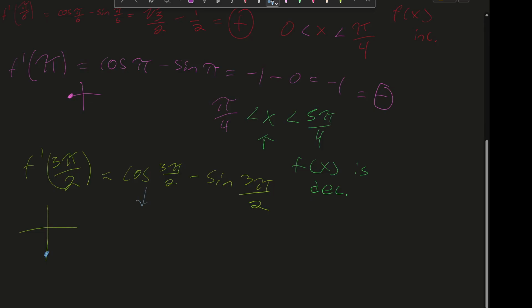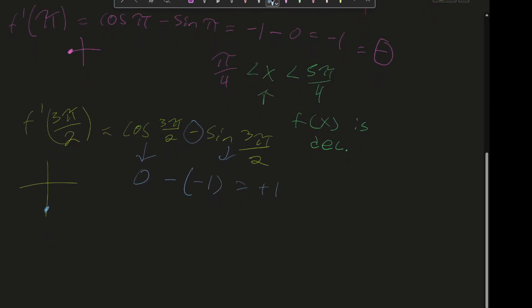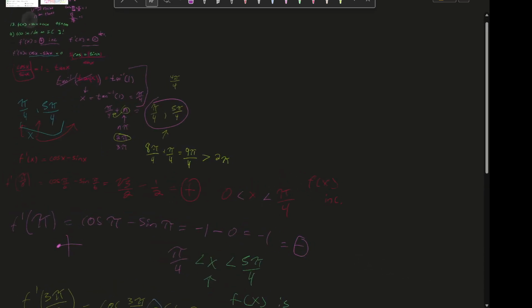So cosine, your x-coordinate, is going to be 0. Sine, your y-coordinate, is going to be -1, but you're subtracting here, so it's minus -1. So that's +1. And that will imply that your f of x is increasing on the interval between 5 pi over 4 and 2 pi. Okay, so that is your part A.